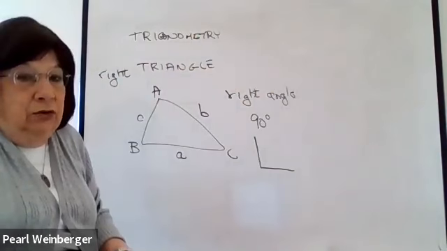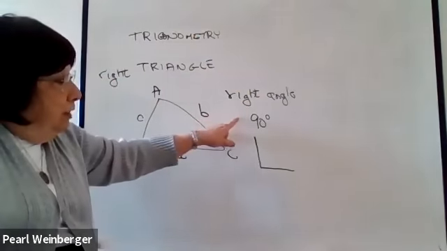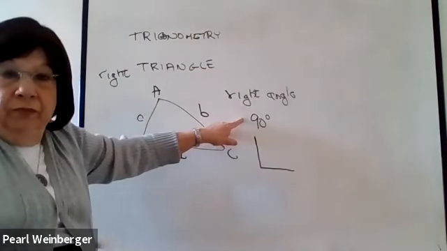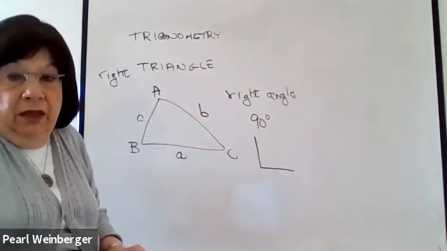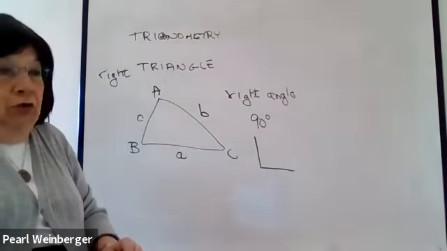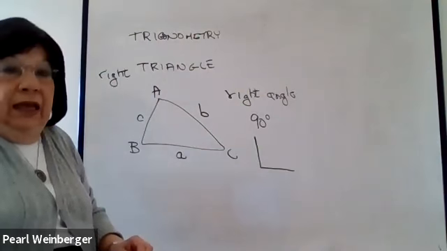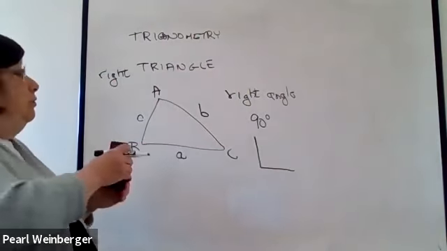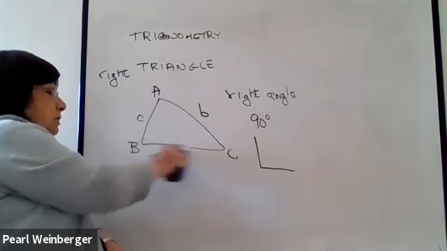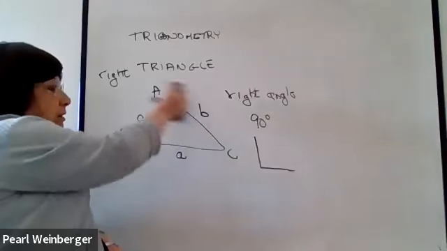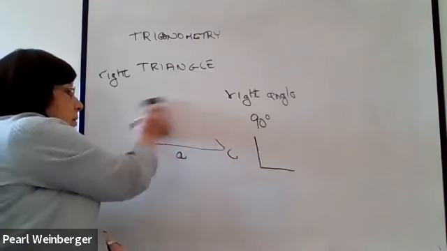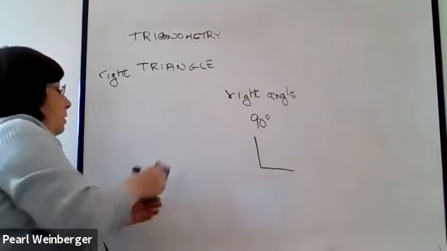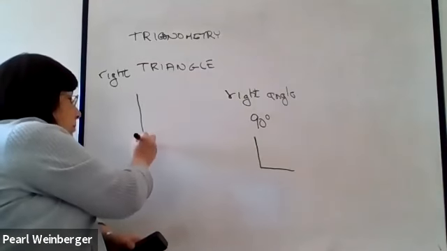So this 90-degree angle, which is something called a right angle, is the type of angle that we're going to be looking for in our right triangles. We're going to be looking for triangles. This was not necessarily a right triangle. Here is an example of a right triangle.